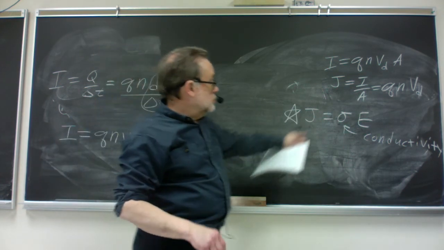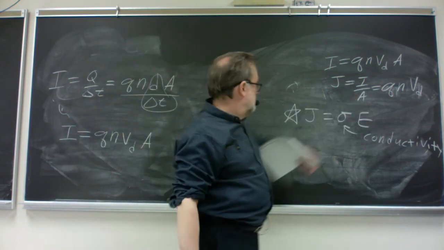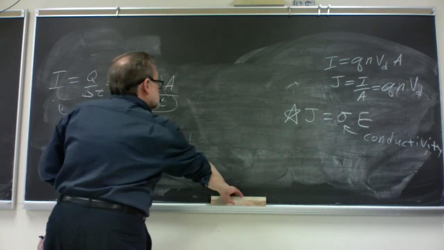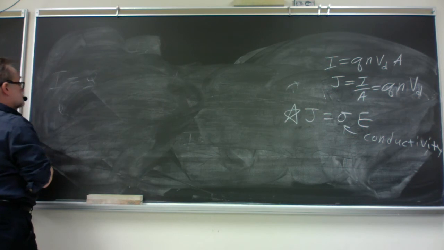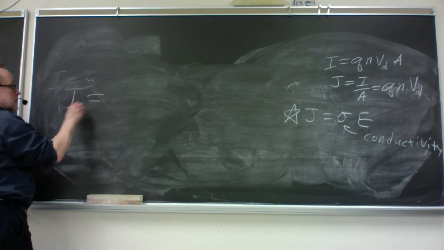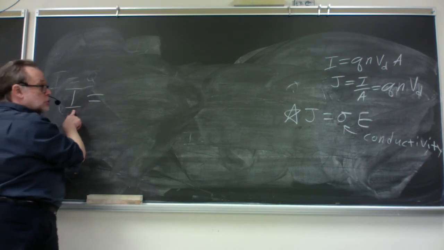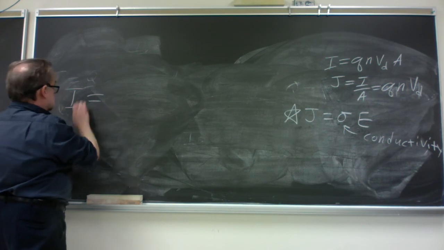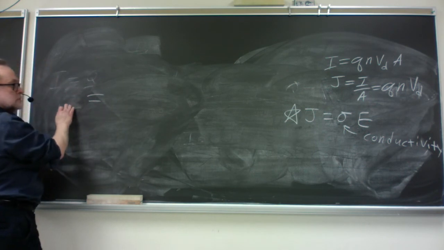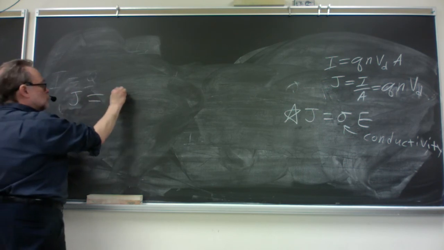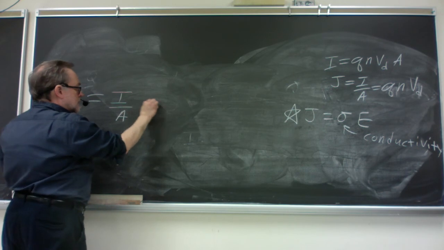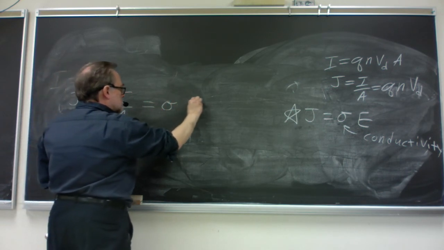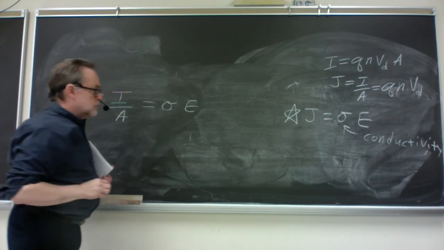Just start with our definition of J. J is regular coulombs per second current divided by area, and that's equal to conductivity times electric field strength.